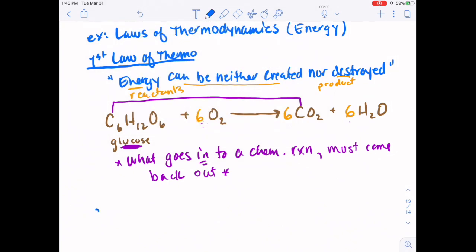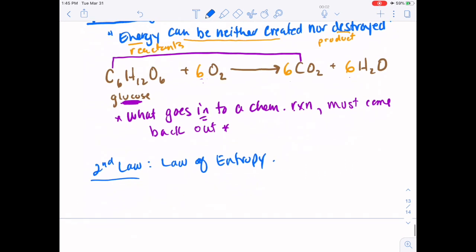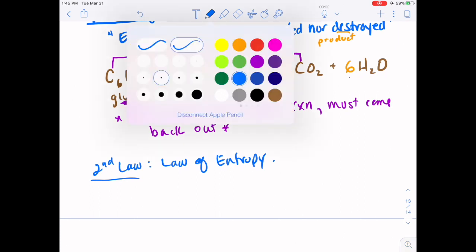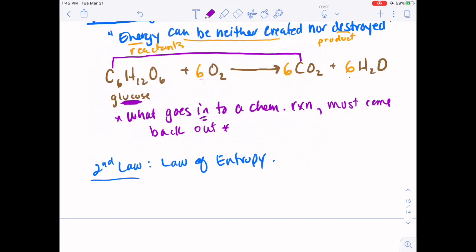Okay, the second law, sometimes called the law of entropy. Basically it states something fancy. I'm not even going to write this down. But basically everything is heading towards greater entropy or disorder. What it means for us, I'll just spell it out right now, is that a concentration gradient isn't stable.